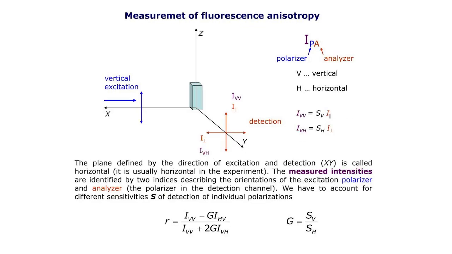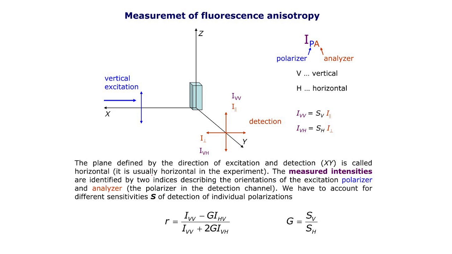You can expect that. Now we are measuring the fluorescence anisotropy. Here you see the vertical excitation, and then you go for detection in the y direction, where P is the polarizer and the analyzer. IVV equals SV times the intensity in the parallel axis, and IVH is the intensity in the perpendicular one.